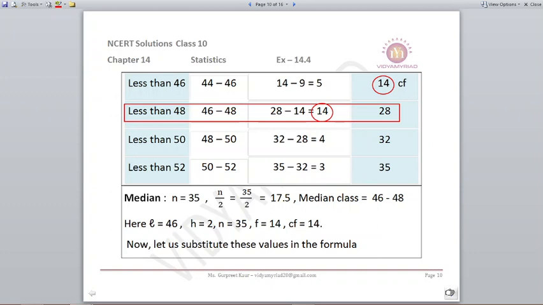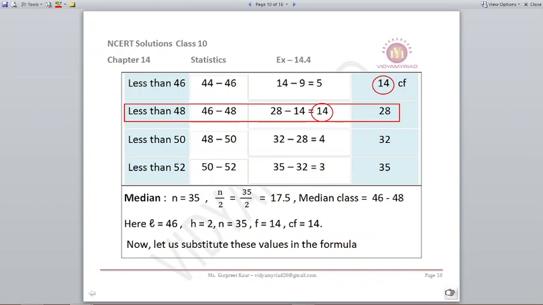Now we have formed the class intervals and the frequencies, because these are the two things which are very important for finding out the median. Now for the median we know that n is 35, so n upon 2 comes out to be 17.5, which will lie in the median class of 46 to 48, because if you look at the cumulative frequency, that is 14. 17.5 will come after 14, so we will choose that slot, and that is the red bar that you can see.